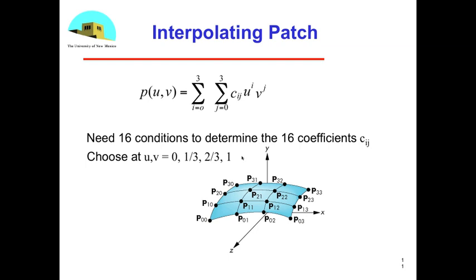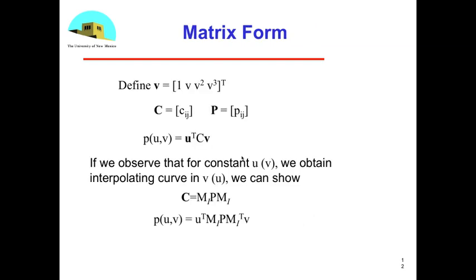But it turns out you can actually do things in a much more clever way and just argue like this, which basically says, first you can write it this way. If you define V the way you did U as being a column, which we're going to transpose, which has the components 1, v, v squared, v cubed, and C is a 4x4 matrix of the unknown coefficients starting with C00.